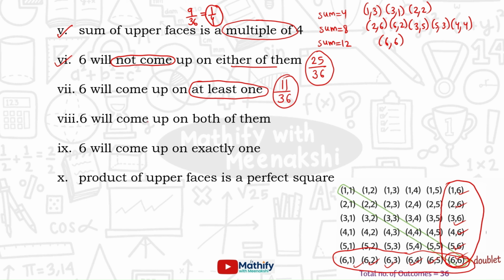Now 6 will come up on both of them, then it's only 1. Let's move to next. 6 will come up exactly 1. Now this time we need exactly 1. So for exactly 1 you will not include the double 6. That means 10 by 36.